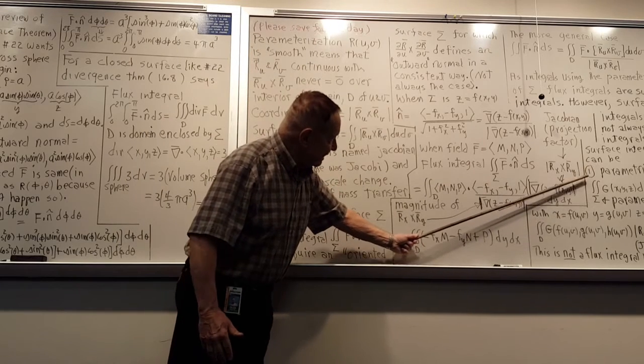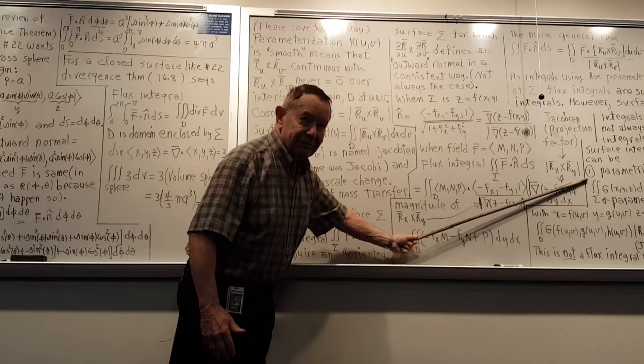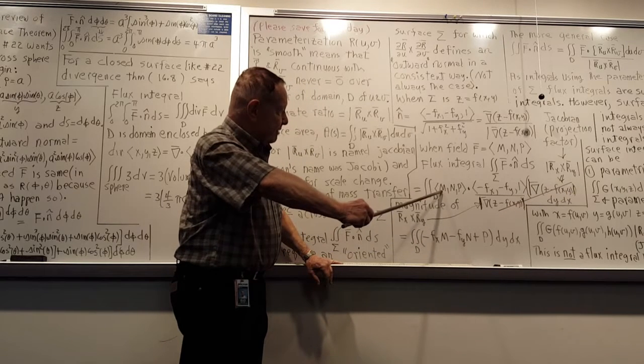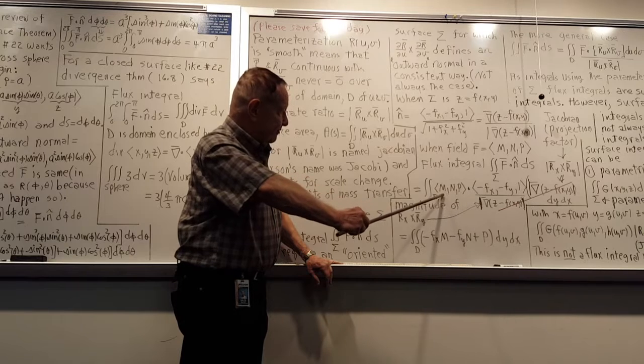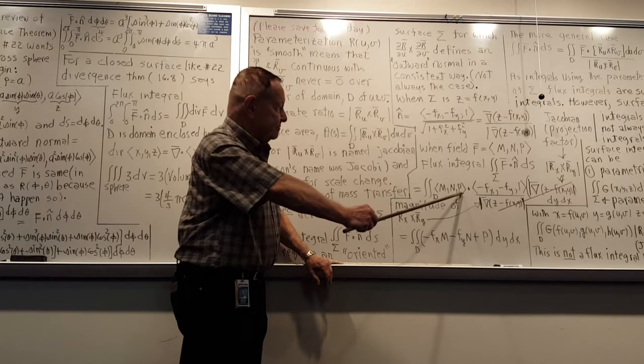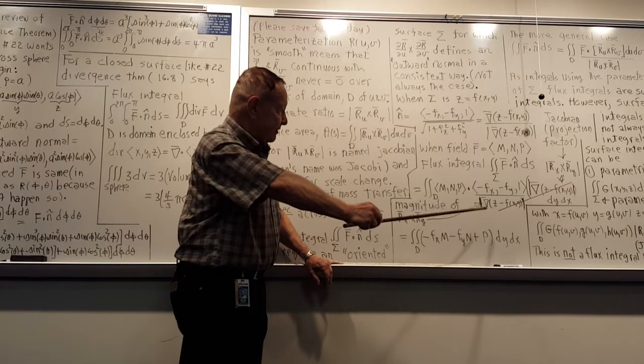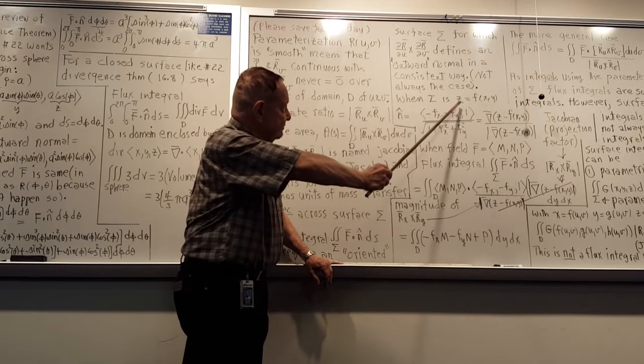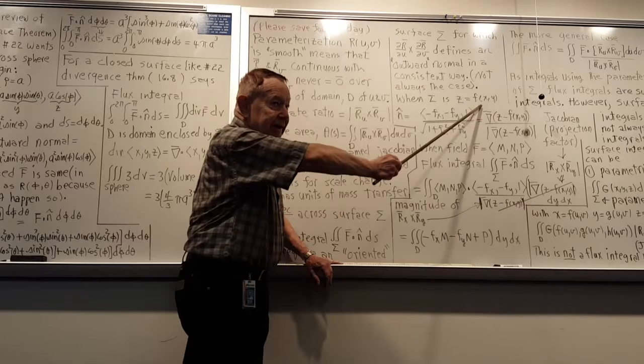So that actually cancels out if it's a flux integral, and it leaves you the dot product of the field if you have it in as a three-component vector, and if you're thinking of the kind of surface that you can define this way.